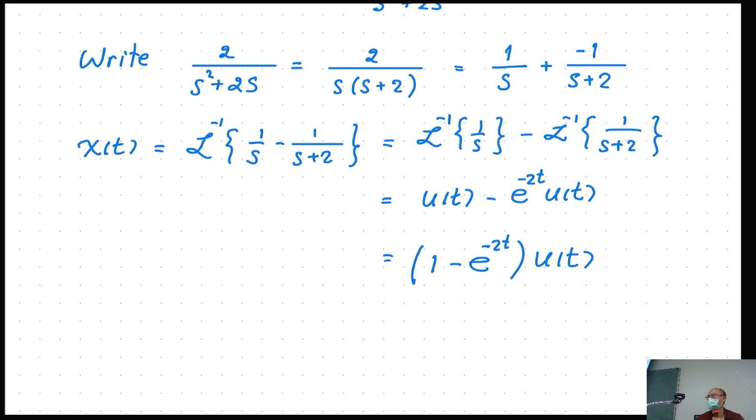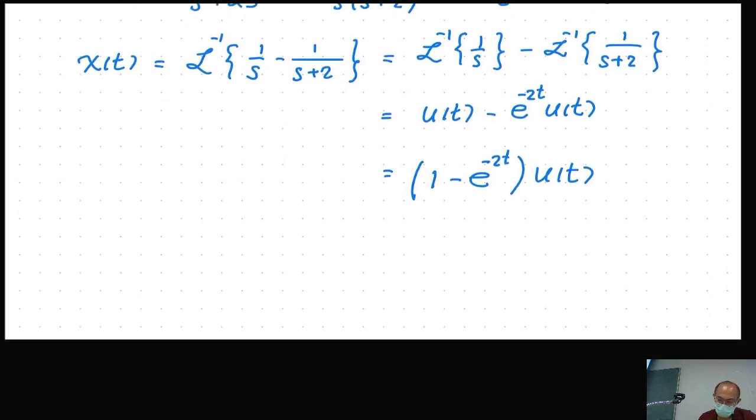All right. Now, let's look at the properties of Laplace transforms. Some of the important properties.